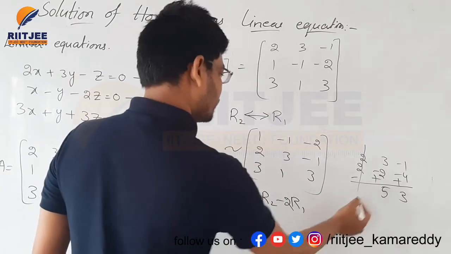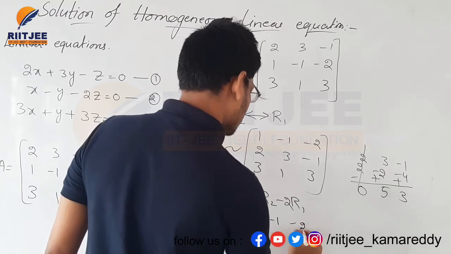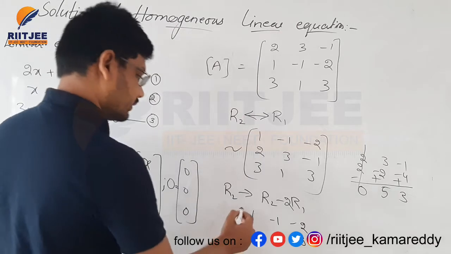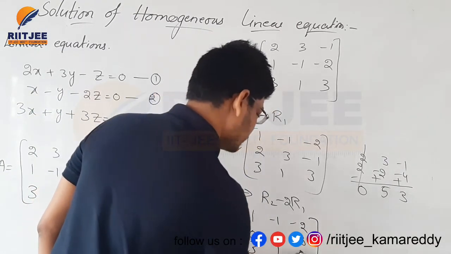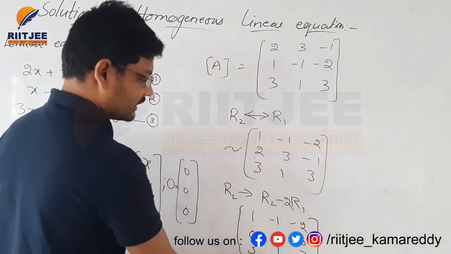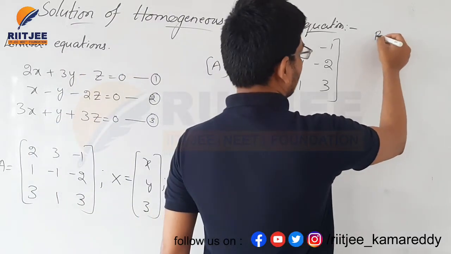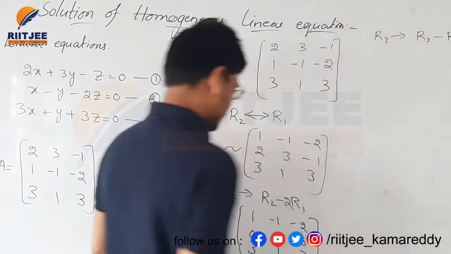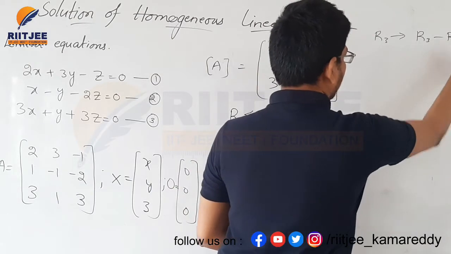Next, this is 0 here. Let's substitute the values: 1 minus 1 minus 2, 0 5 3, and 3 1 3. And the next step is to convert this number to 0. So R3 is changed to R3 minus 3 R1, on the base of R1.